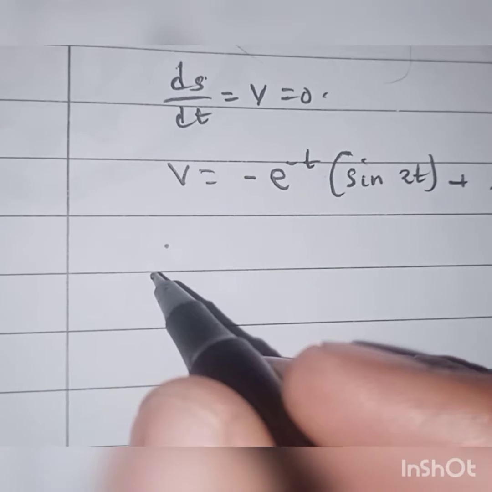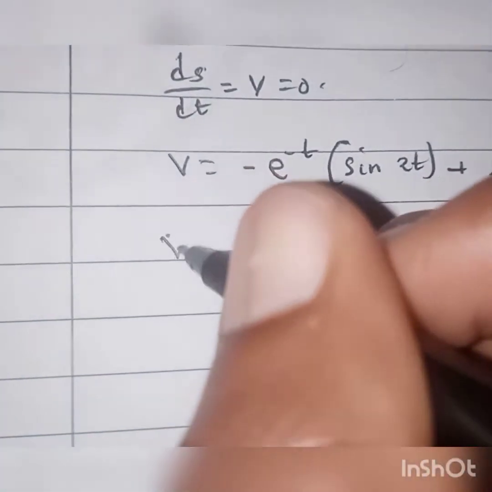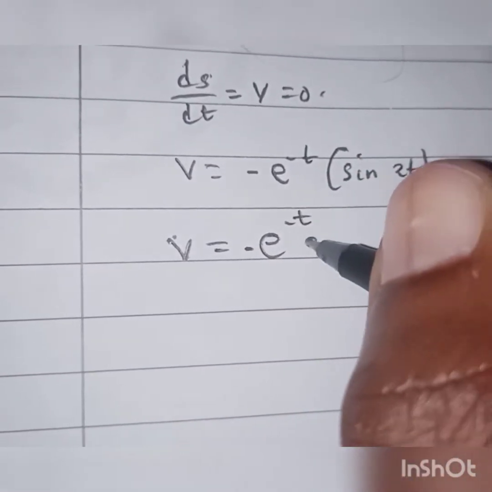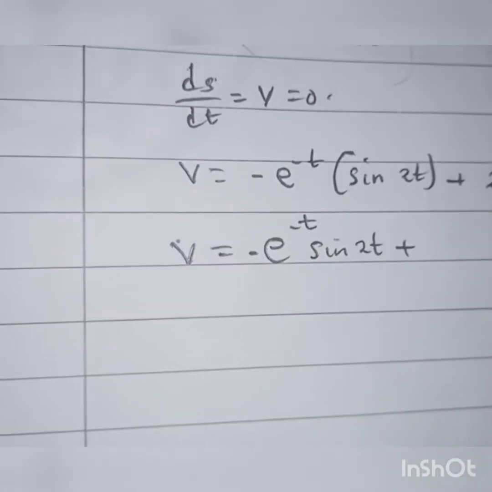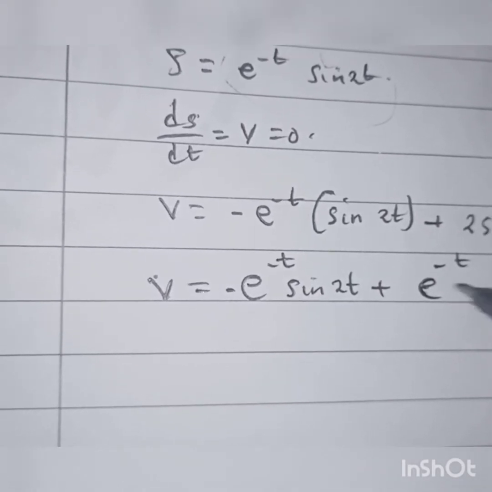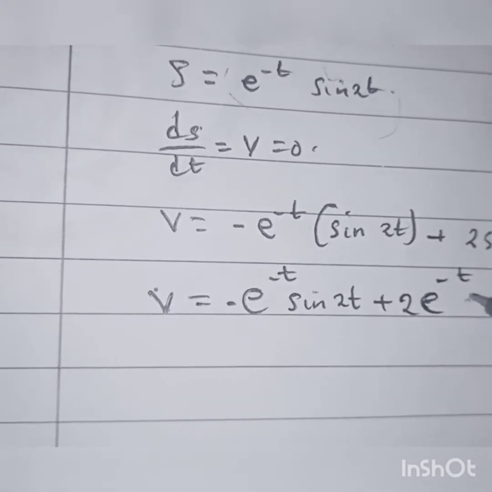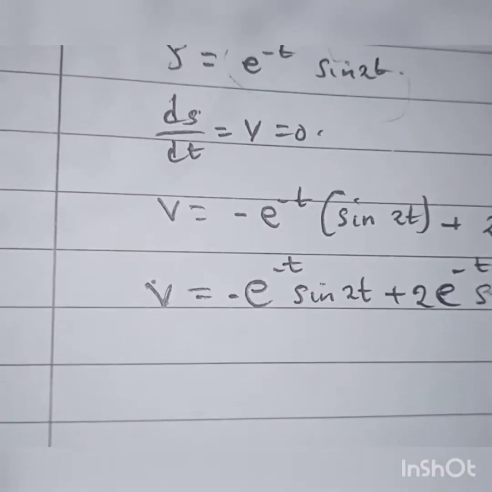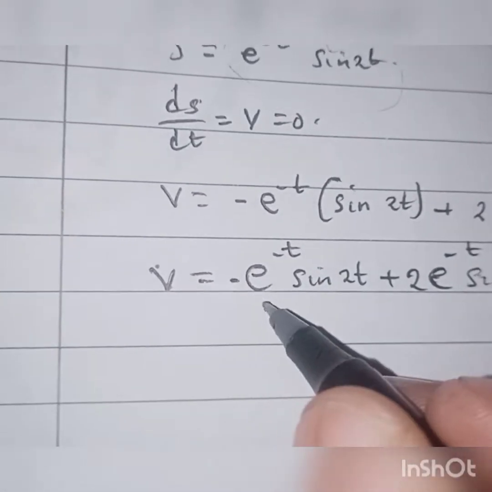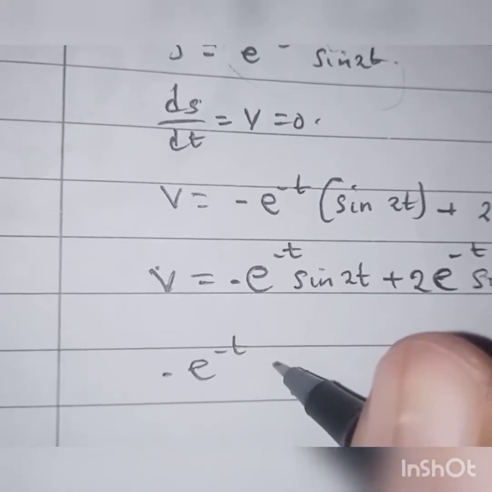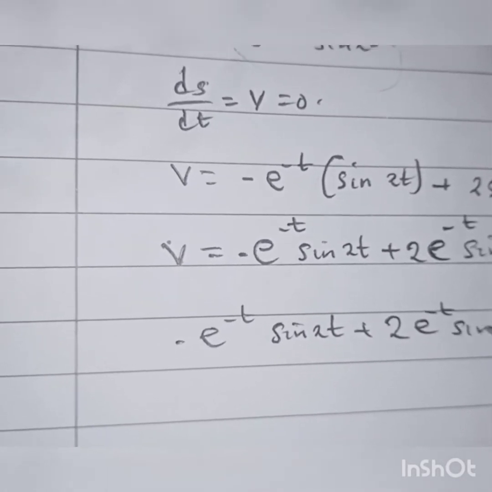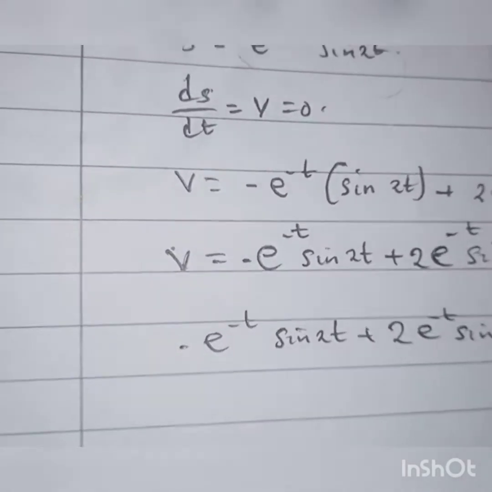Now let's simplify this expression. So v equals minus e raised to power minus t sine 2t plus e raised to power minus t times 2 sine of 2t. Therefore, you can equate this function to be 0.